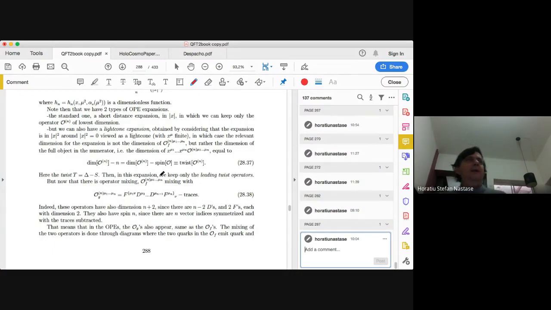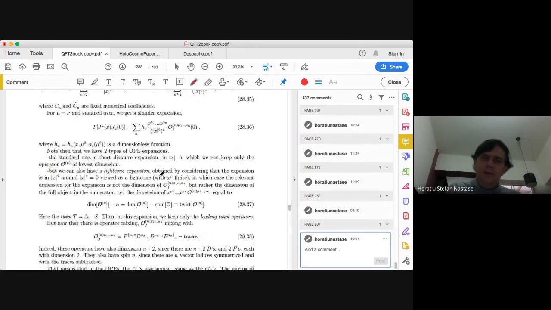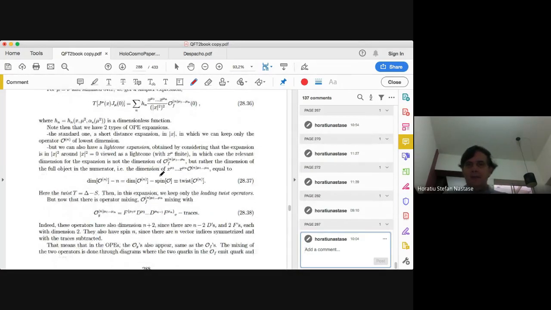Now, until now I talked about the OPE, and I said that it's an expansion in the modulus of x. If you're in Euclidean space, that clearly means x going to 0.